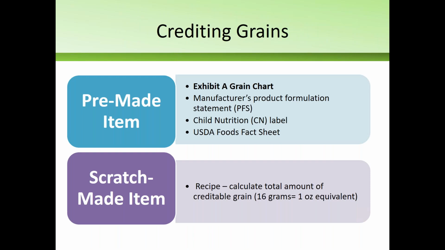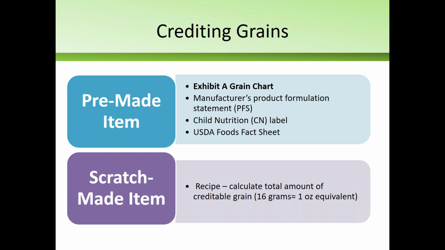So what information and tools do you need to get this crediting information? For pre-made items, or items that you're purchasing, the Exhibit A grain chart is commonly used, which we will go into more detail. You can also use a manufacturer's product formulation statement, or PFS for short, a child nutrition label or CN label if one is available for that product.